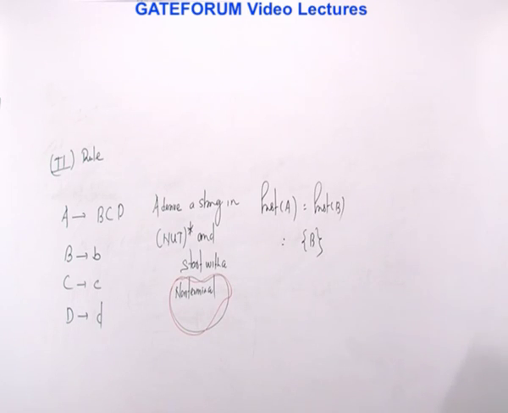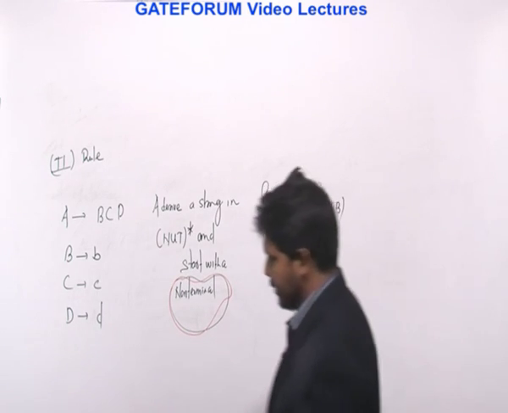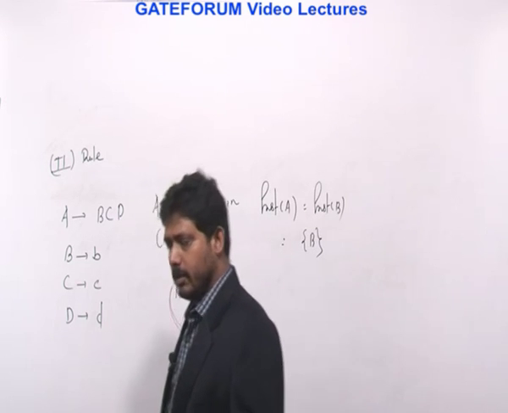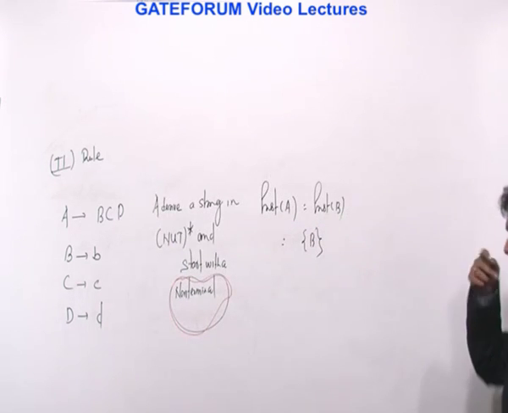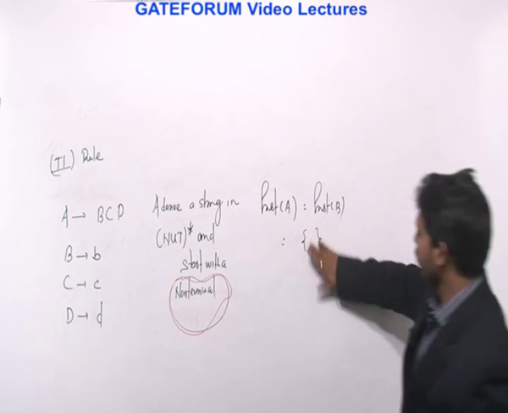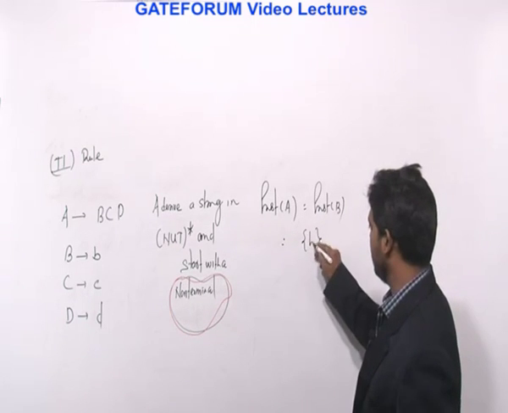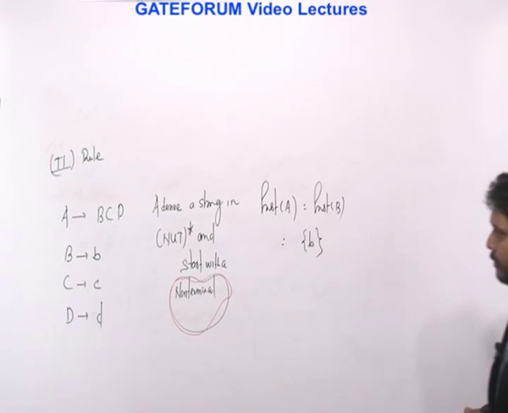So first rule: terminal, epsilon, terminal followed by any string. Second rule: if it is a non-terminal, then first of A will be equal to the first of that non-terminal, and if it derives small b, then directly b. Okay, so this is the second rule.